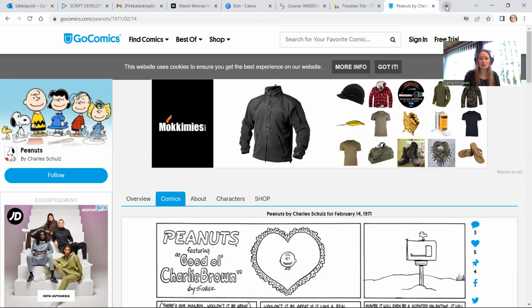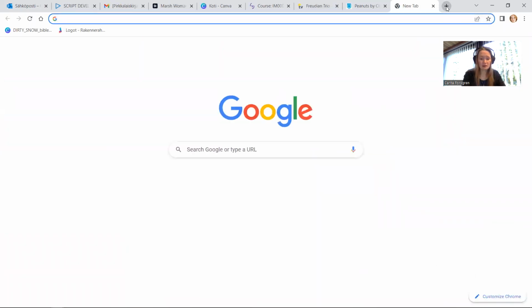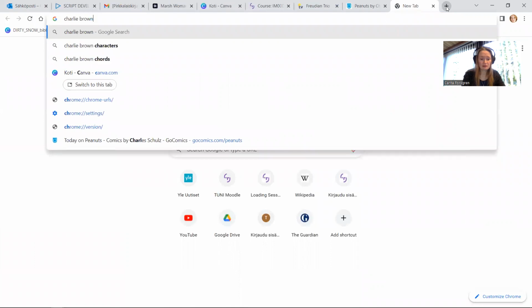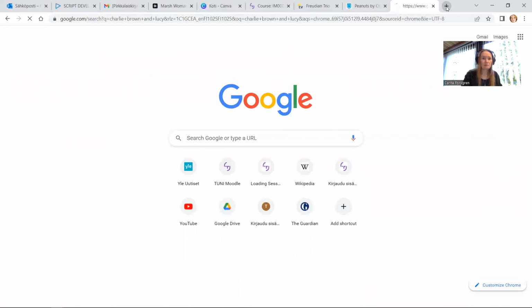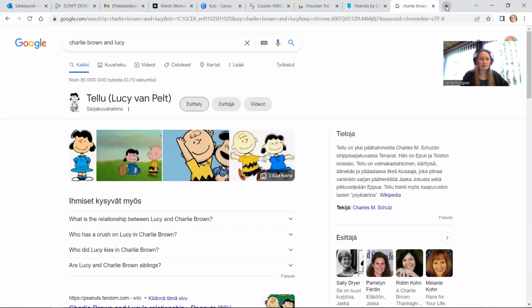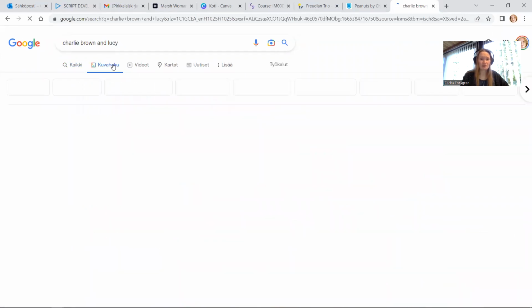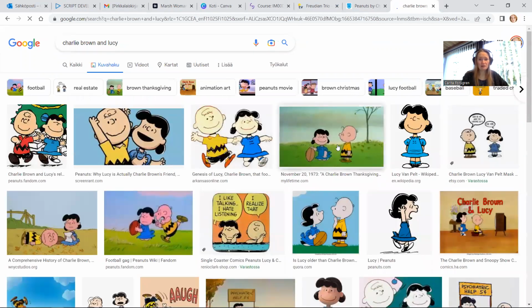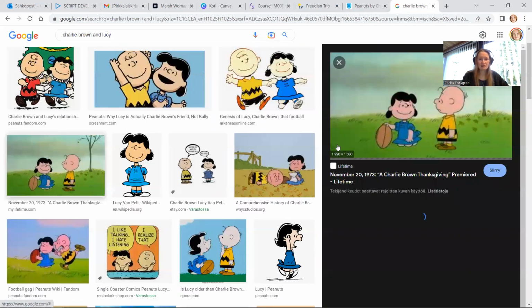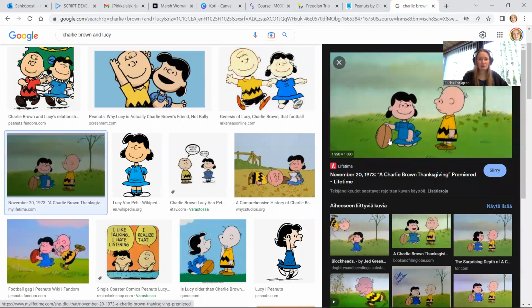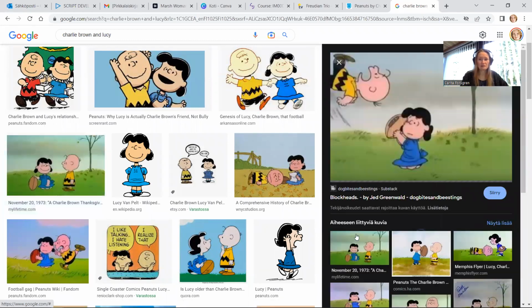So let's see, Charlie Brown and Lucy. There's the Charlie Brown and Lucy football scene, which you probably know about, where Lucy holds up a football for Charlie Brown to kick, and he always thinks that she will hold it, but she always draws the football away before he can kick.